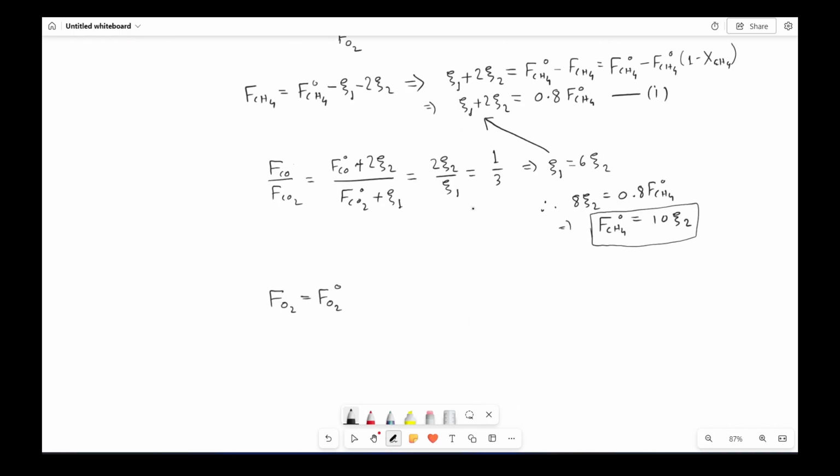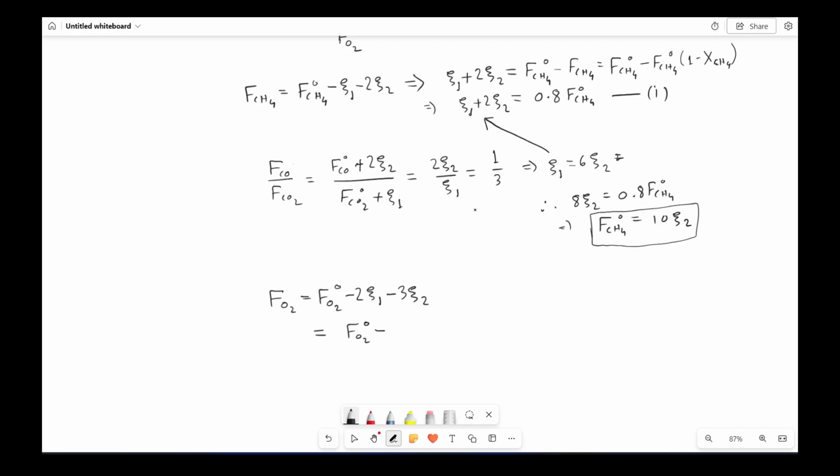So minus 2 zeta 1 minus 3 zeta 2, which is equal to FO2 naught minus FO2.